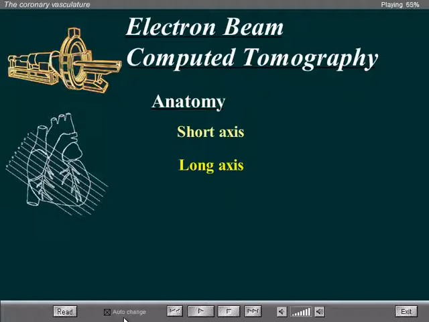This produces a projection where the heart is more or less parallel to the scanner gantry, and the ventricles are clearly depicted, again somewhat similar to what one sees in the long axis view on echocardiography.